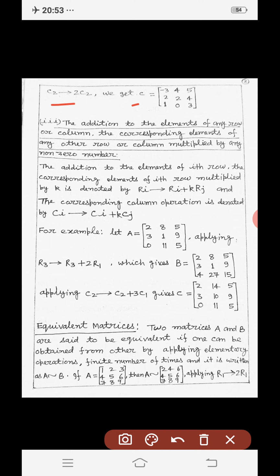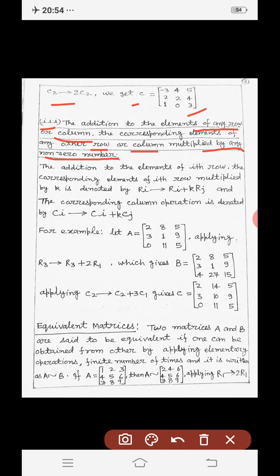Third operation is the addition to the elements of any row or column, the corresponding elements of any other row or column multiplied by any non-zero number.